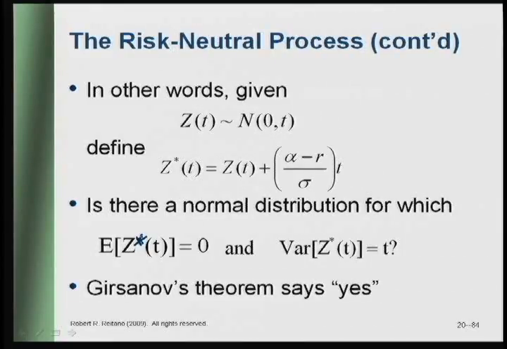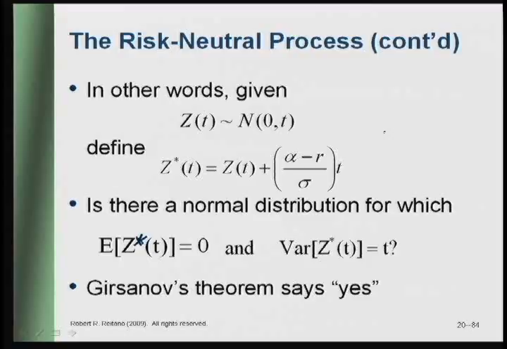In other words, we can see that under the z probabilities the mean of z star is in fact a drift term. And the question is, is there some way of shifting probabilities so that I shift the mean of z star back to 0? The variance is okay.